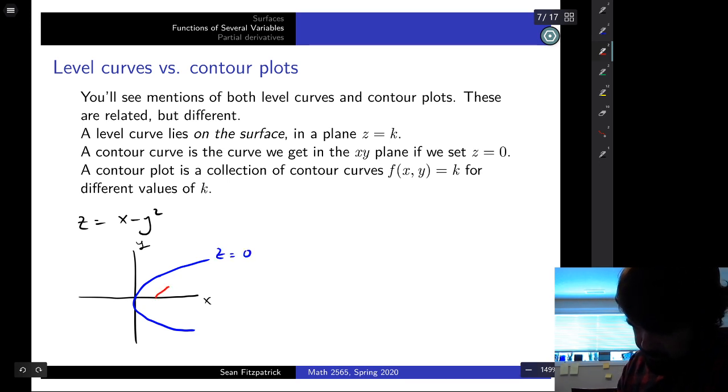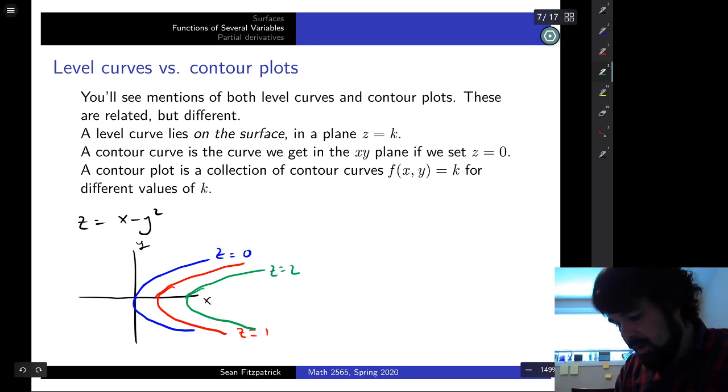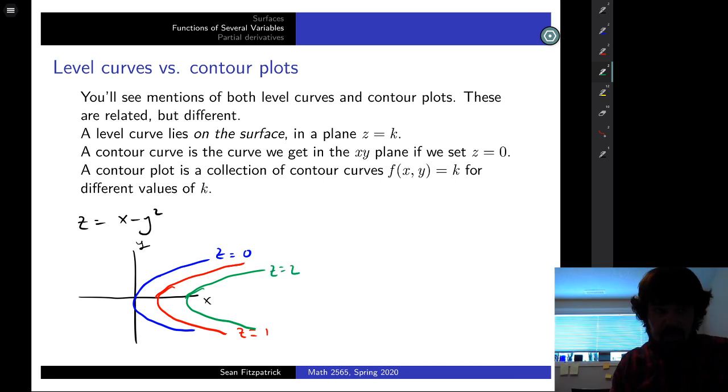And here's my z equal to 1 plot. And here's my z equal to 2 plot, and so on. And you just draw all those curves in the plane.